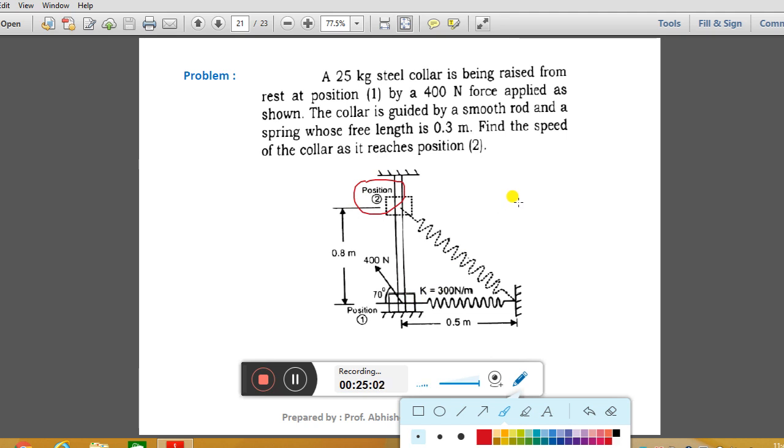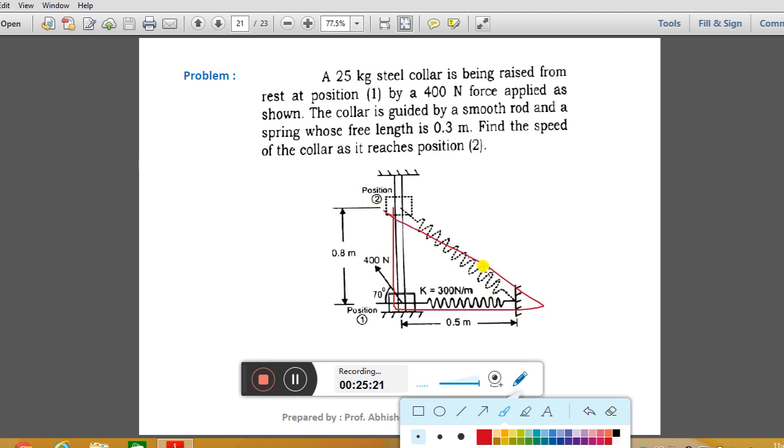This spring length can be calculated by the Pythagoras theorem, because it is forming a right angled triangle.